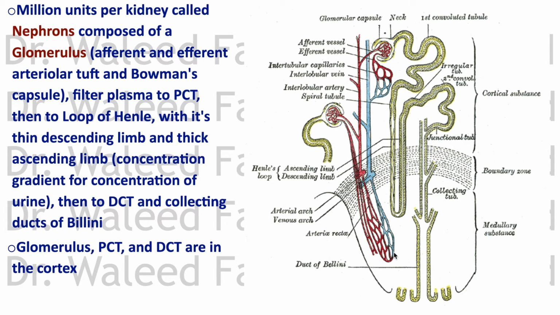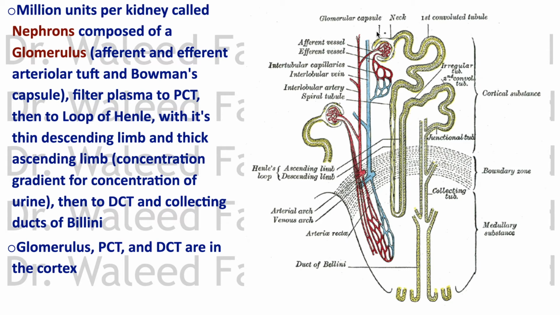And as you can see here, the glomerulus, the proximal convoluted tubules, and the distal convoluted tubules are constituents of the cortex, while the loop of Henle and the collecting tubules and the collecting ducts are the constituents of the medulla. See? So there is a difference between the constituents of the cortex, which is this part, and the medulla, which is this part.